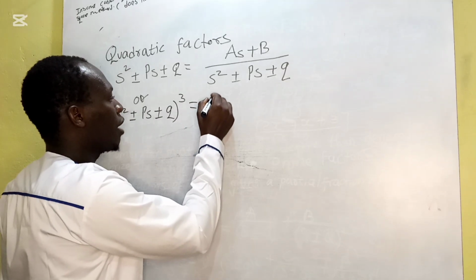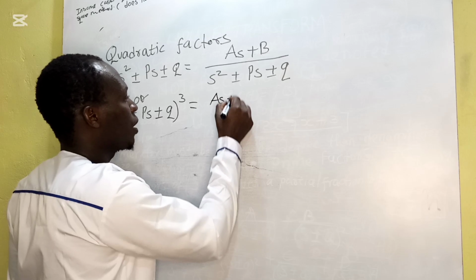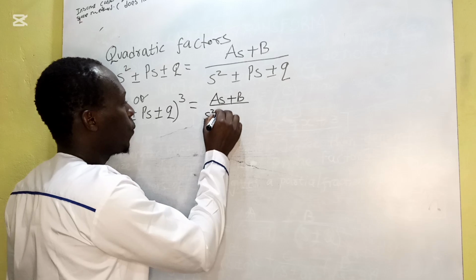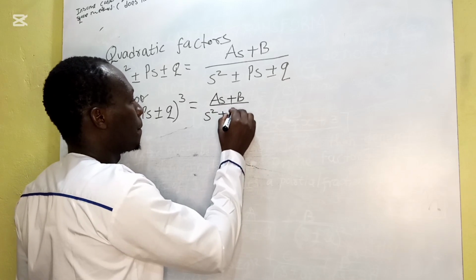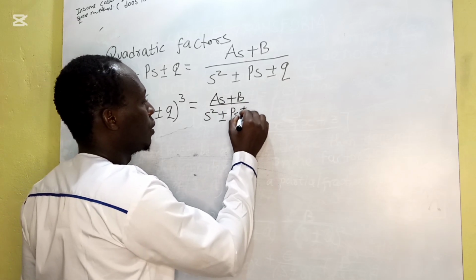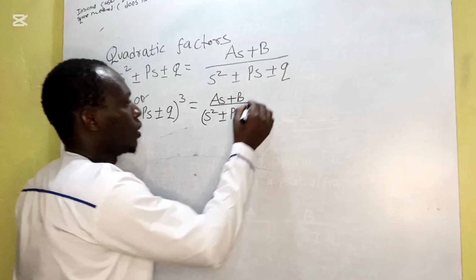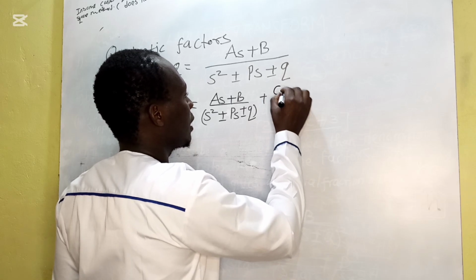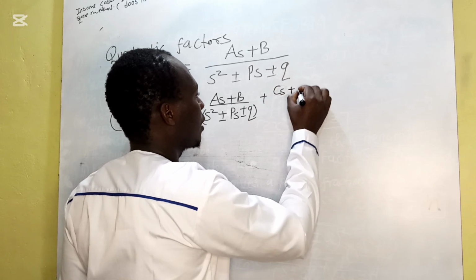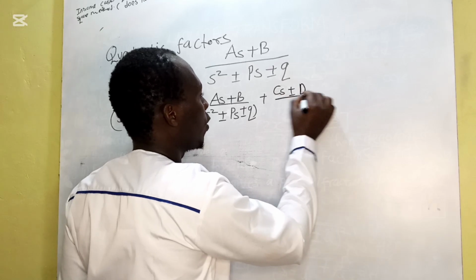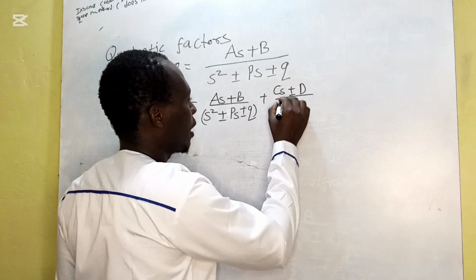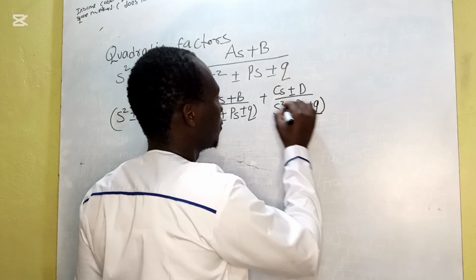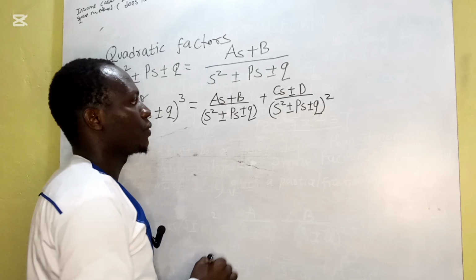Here now we are going to have as we add b all over s squared, we add or subtract ps, we add or subtract q, we come and add cs, we add or subtract d all over s squared, we add or subtract ps, we add or subtract q, here we are going to have squared.